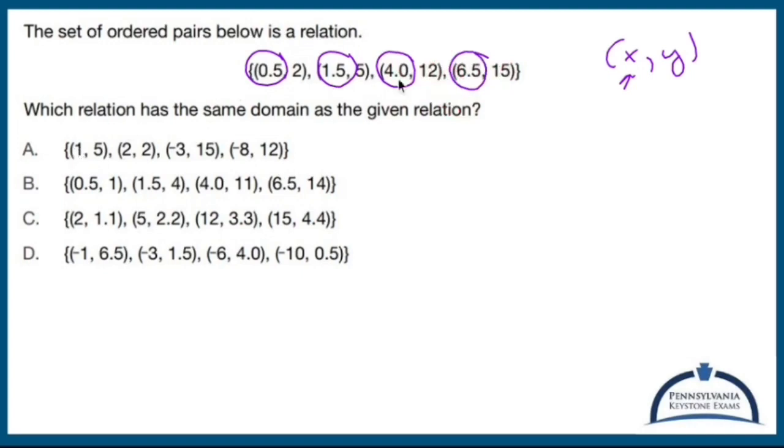So 1, nope. So it's not A. 0.5, so far so good. 1.5, so far so good. 4.0, so far so good. 6.5, I like it. And if you were to look at this one, 2 is not seen up there. The x values here are negative, so B is the only logical answer. Dunzo.